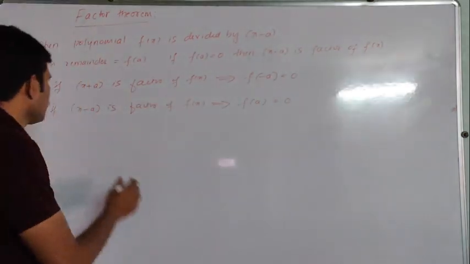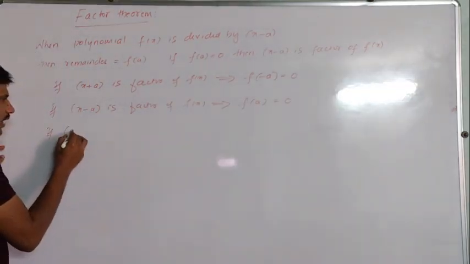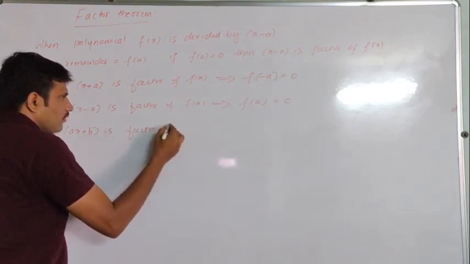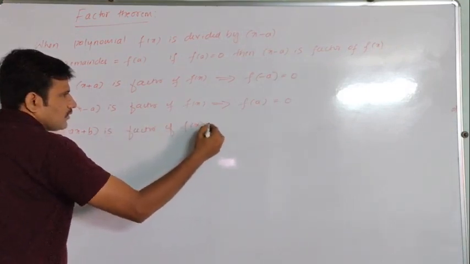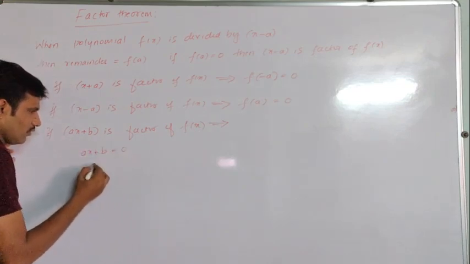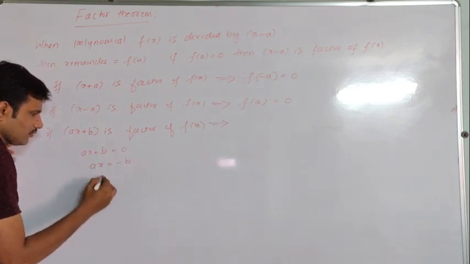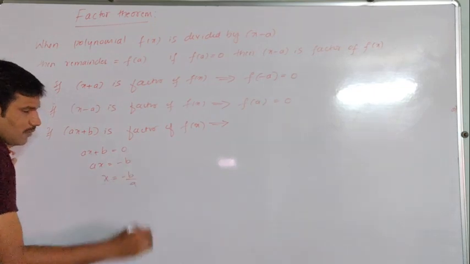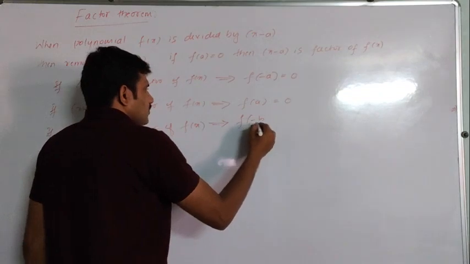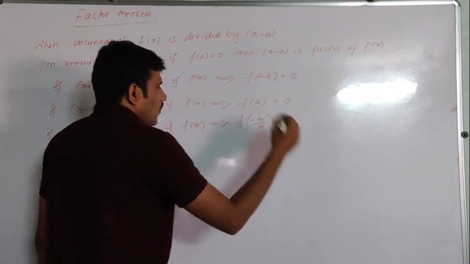Is it clear? Then if ax plus b is a factor of f of x, then see, ax plus b is equal to 0, ax is equal to minus b, then what is the x value? Minus b by a. So therefore f of minus b by a is equal to 0.